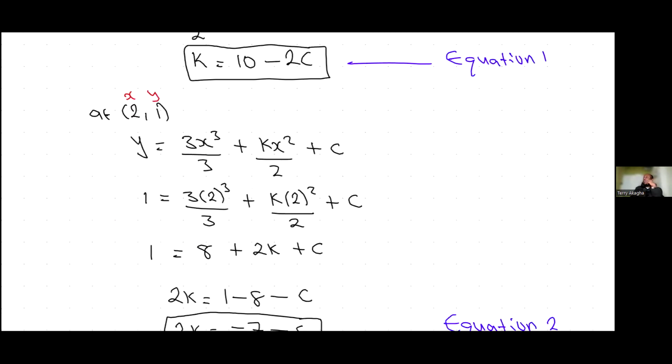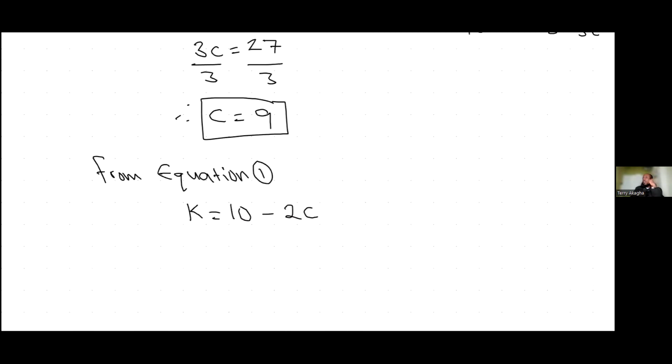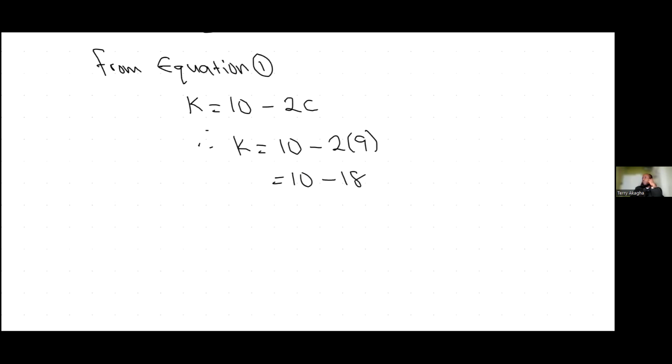Yes. We already know our c to be equal to 9. So therefore, k is going to be 10 minus 2 into bracket 9, which is equal to 10 minus 18. So therefore, k is equal to minus 8.